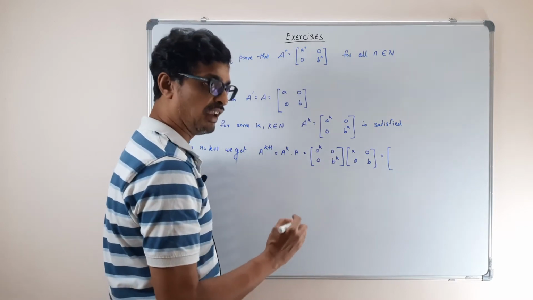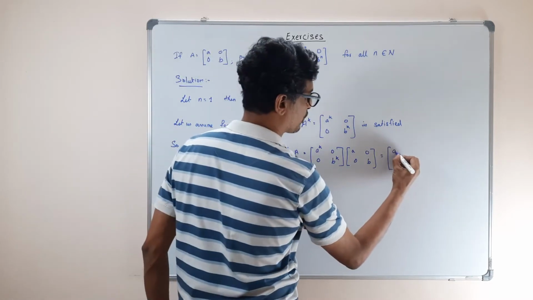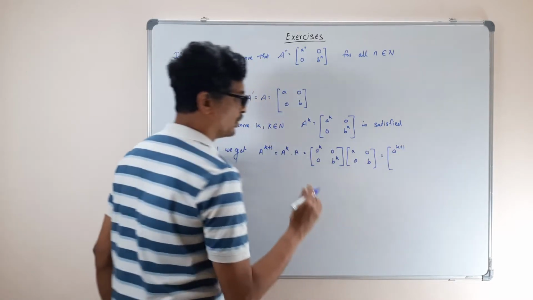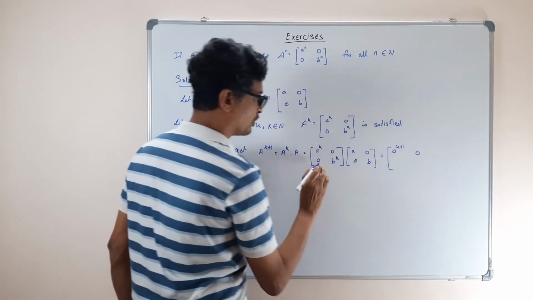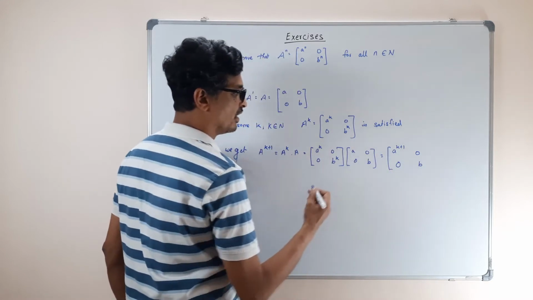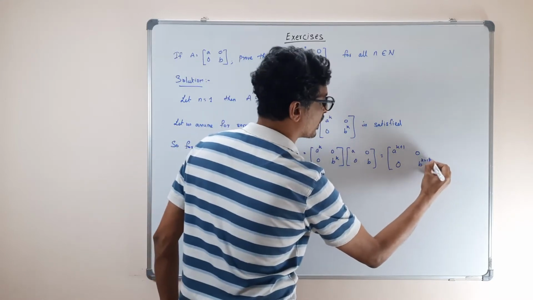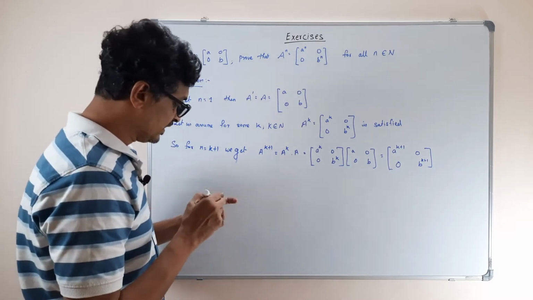So a to the power of k into a, that is a to the power of k plus 1, correct? This will be a to the power of k plus 1. So what about this? 0. What about this? 0. What about this? B to the power of k plus 1. Am I right? So this is an interesting result.